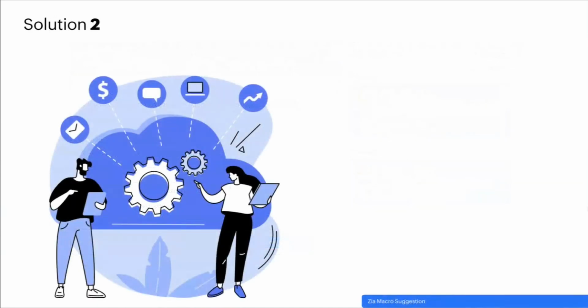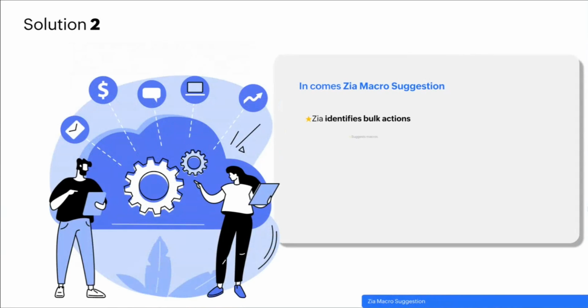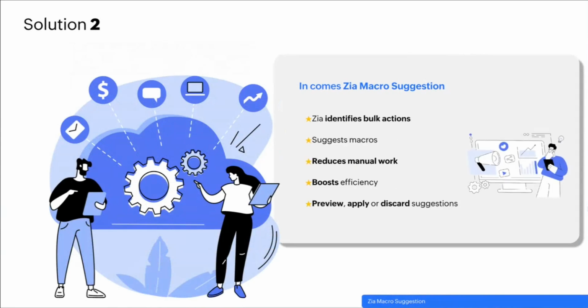So moving on to solution two, Zia's macro suggestion. By learning from repetitive bulk actions, Zia can suggest macros to automate these tasks. The feature is designed to save your sales reps a significant amount of time and boost productivity by recommending automations for frequent and repetitive actions.